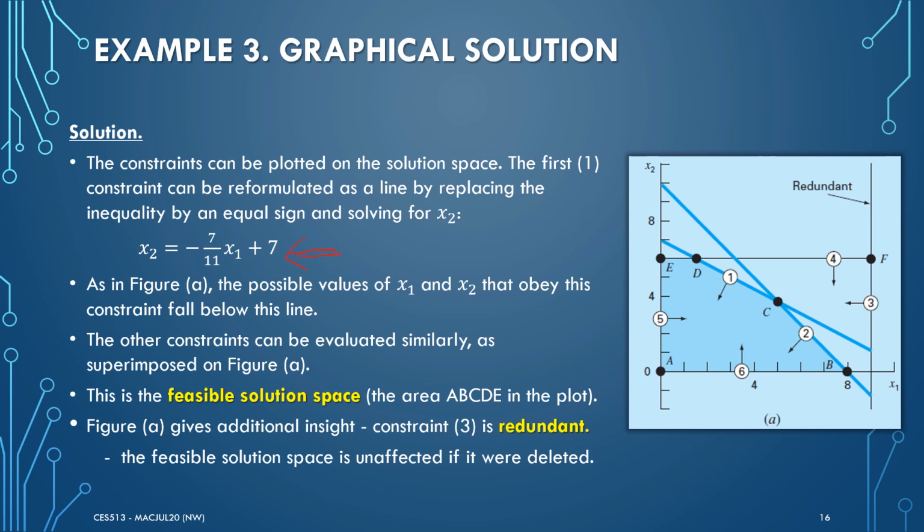So x2 = -7/11 x1 + 7. As in figure A, the possible values of x1 and x2 that obey the first constraint fall below this line. So it falls below the arrow.